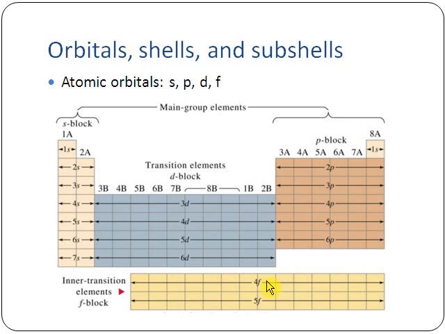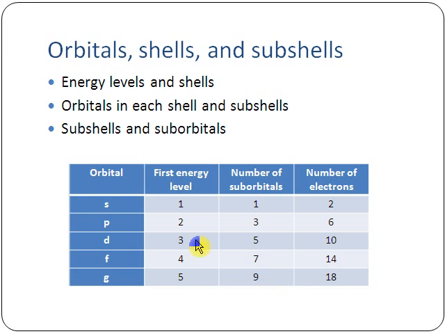Based on that, the first g, once it shows up on the periodic table, would have to be 5g. And so it goes just 1, 2, 3, 4, 5 like that. If we had an h out here, then the first h would be 6h, and so on and so forth. And that's basically how you set these up and how these subshells and suborbitals work.